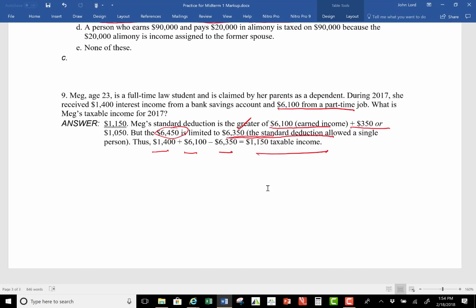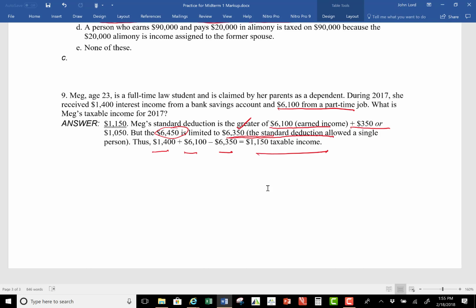So we take a look, and we have Megan, 23, a full-time law student, claimed by her parents as a dependent during 2017. She received $1,400 of interest income from a bank savings account, and $6,100 from a part-time job.